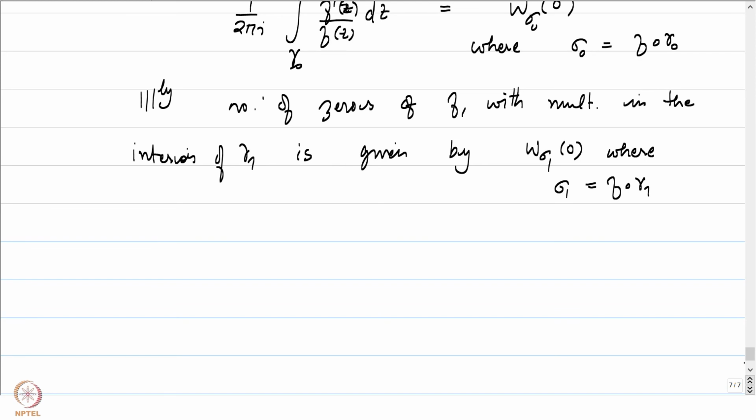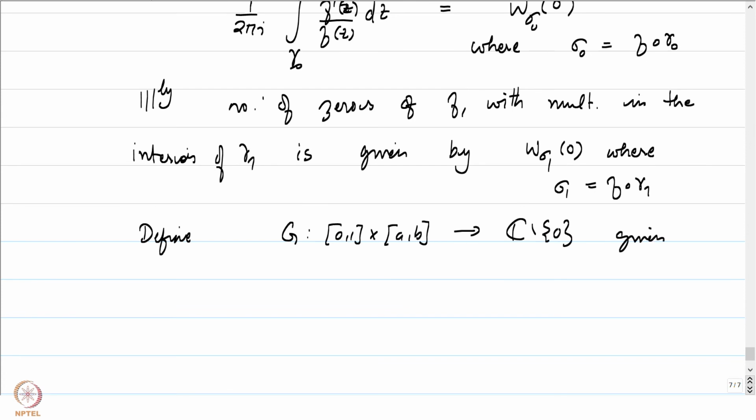Recall that the homotopy has to be in C minus 0. So, let me define a new function g from [0,1] cross [a,b] into C minus 0, given by g(s,t) = f_s(h(s,t)).